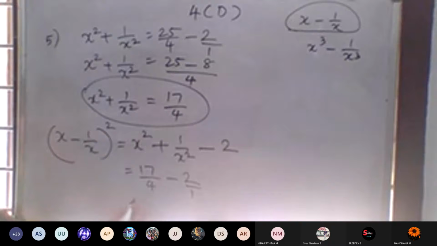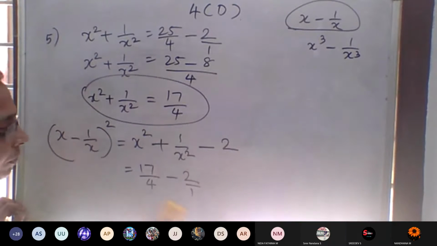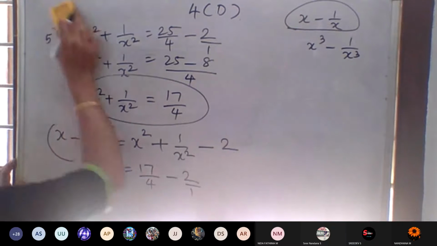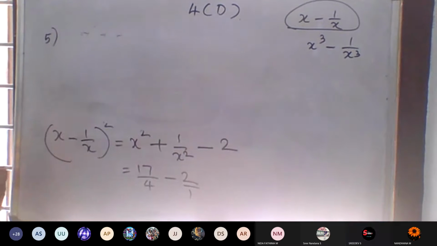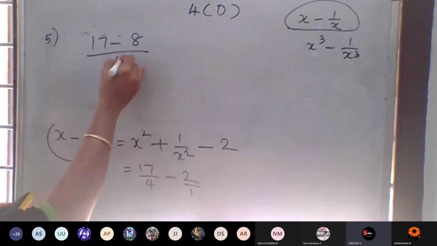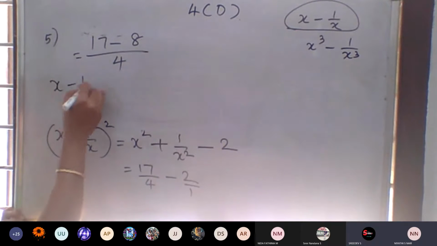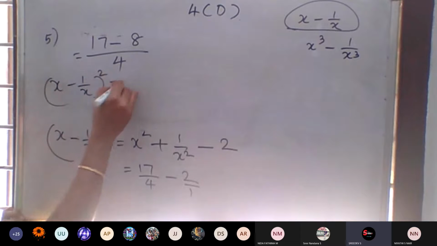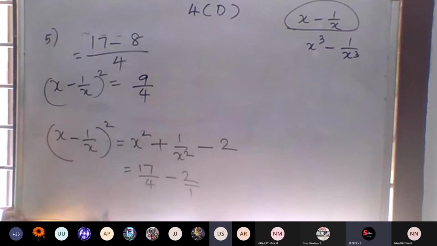2 can be written as 2 by 1. 17 by 4. 17 minus 4 twos are 8, divided by 4. So x minus 1 by x the whole square is equal to 9 by 4.